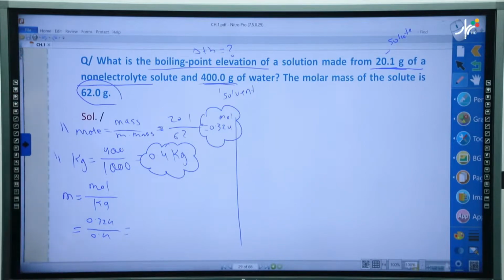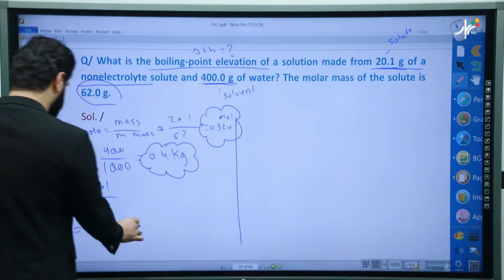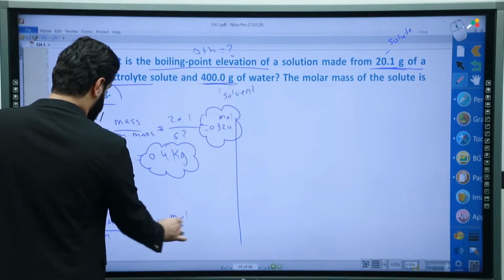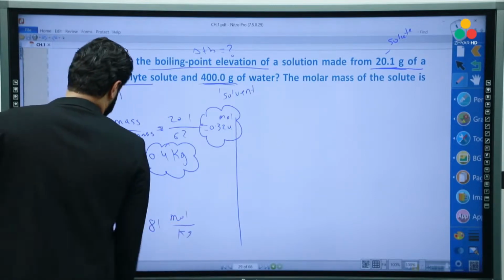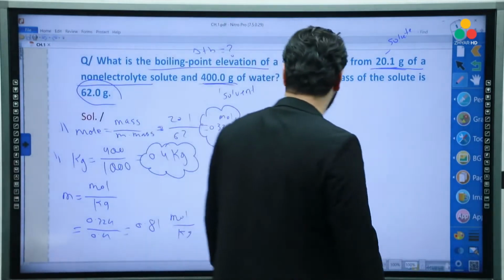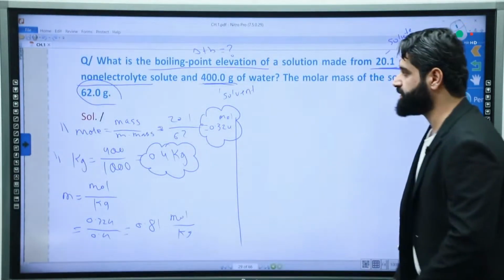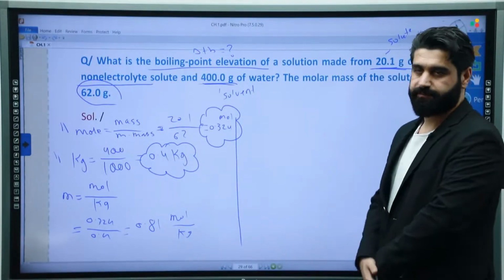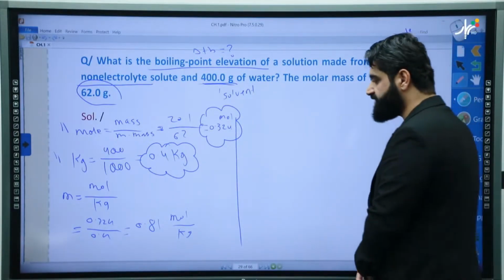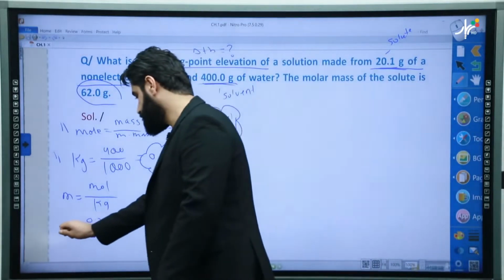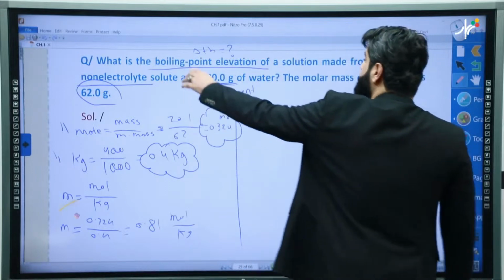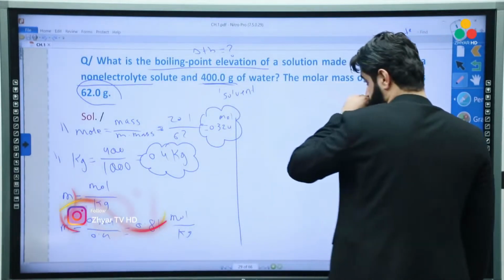So molality equals 0.81 mole per kilogram. So I did that before finishing and explaining the things required by this question. Now we have prepared molality, which is 0.81. What is boiling point elevation?